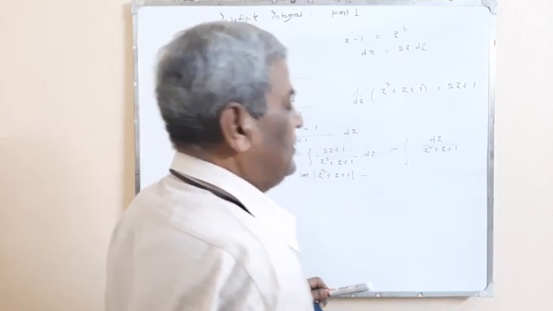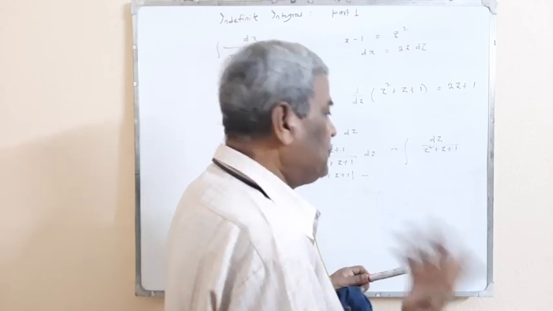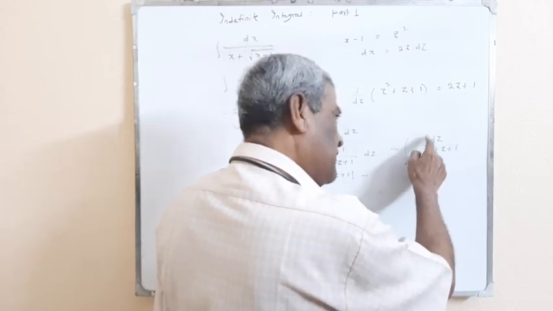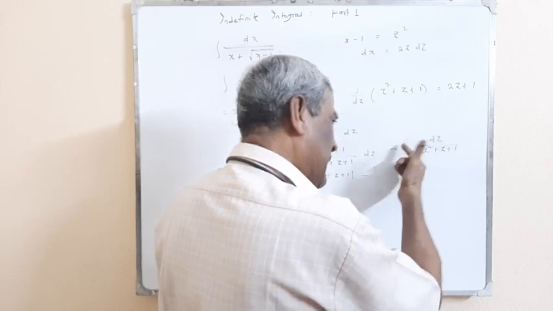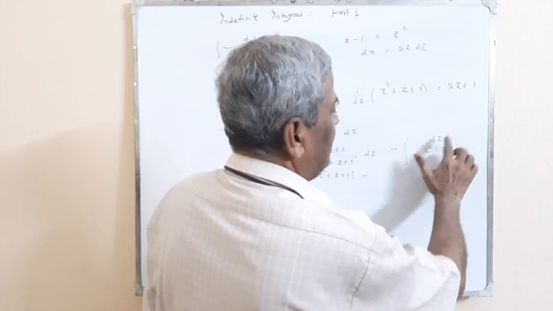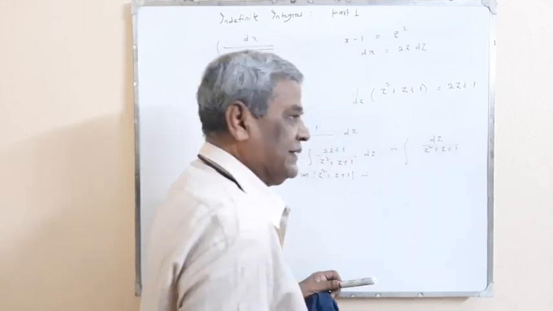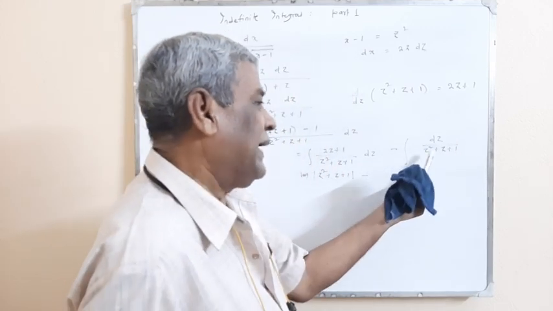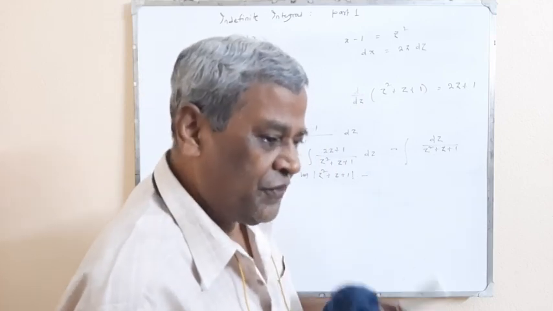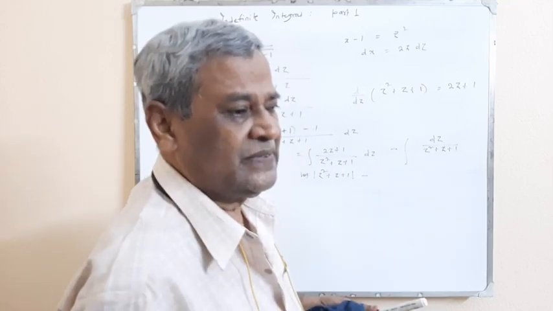second integration, it is dz by quadratic in z. If any other constant is there, we can take it outside. So we can write it as dz by quadratic in z. Now try to make this as sum or difference of two squares.